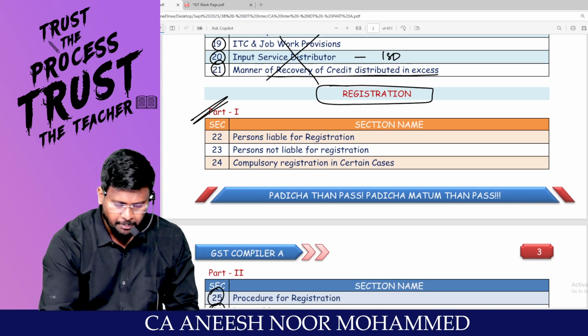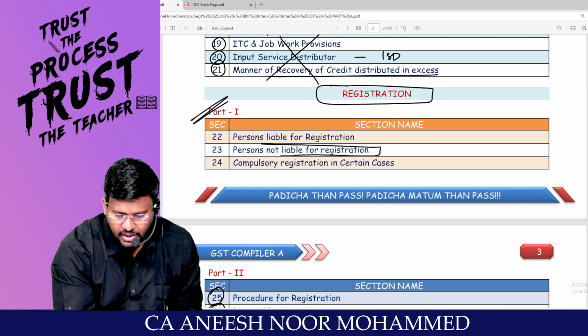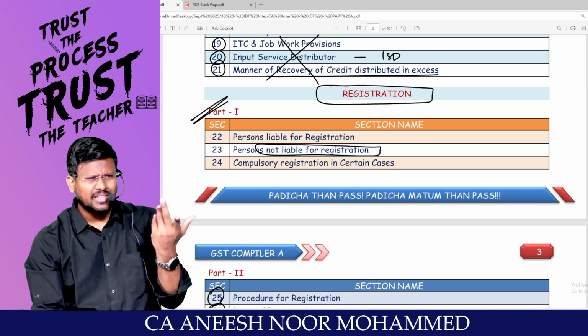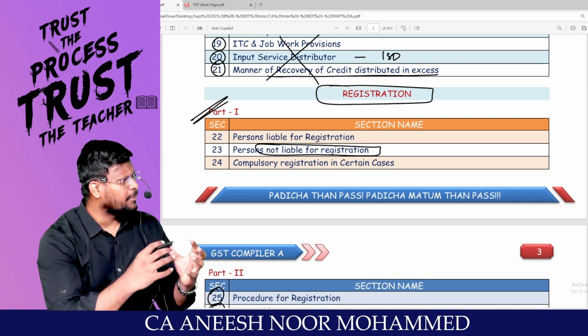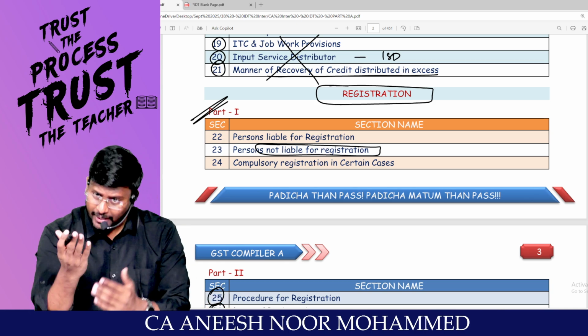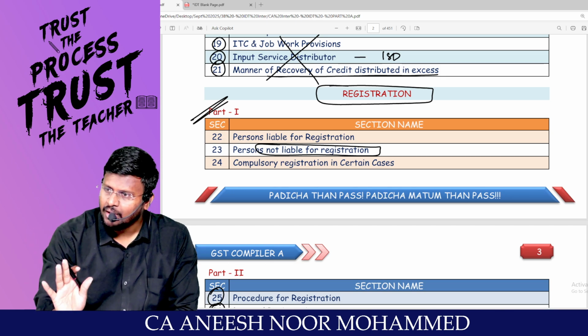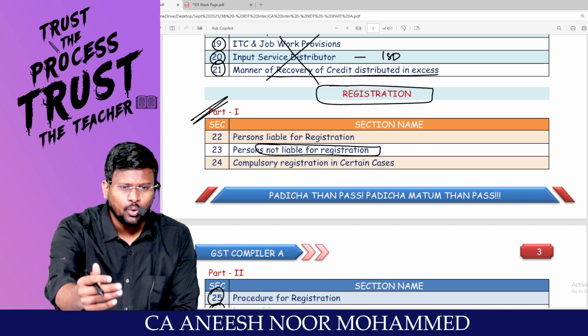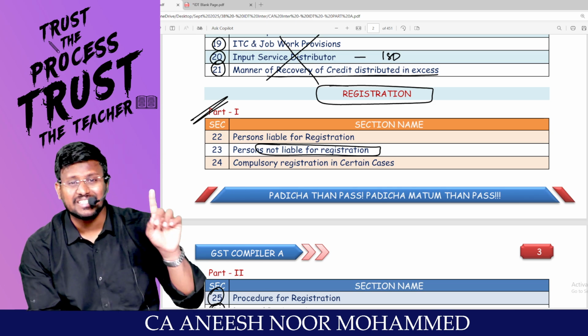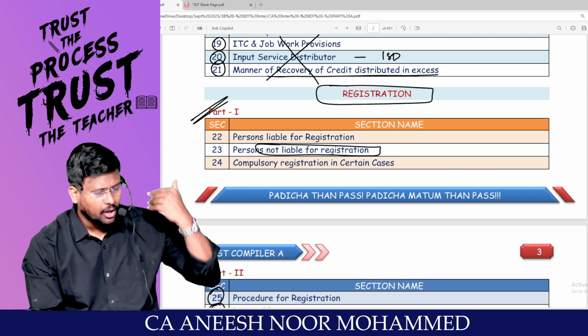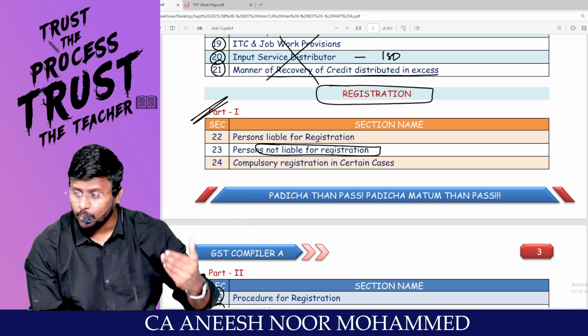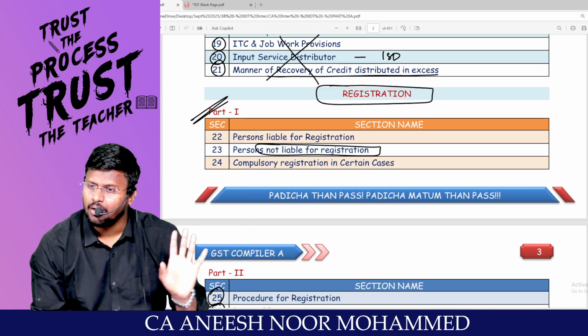Section 23, person not liable for registration. There are certain people who are not at all liable, even if you make a supply as per section 7. Don't take registration. That means for you, GST may be fully exempted under section 11, or the activity or transaction you are doing may not be a supply at all.